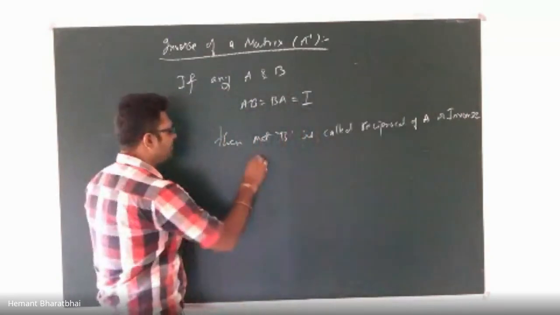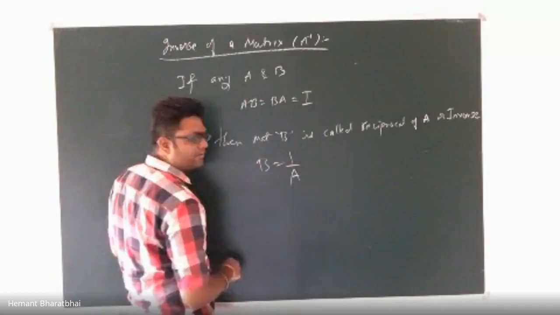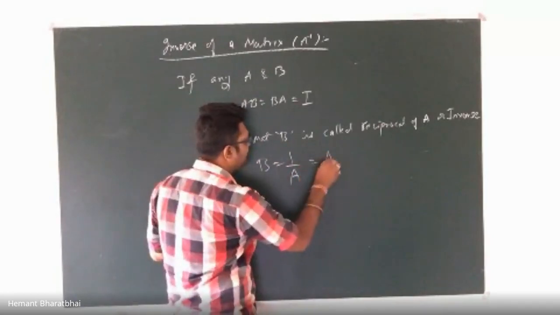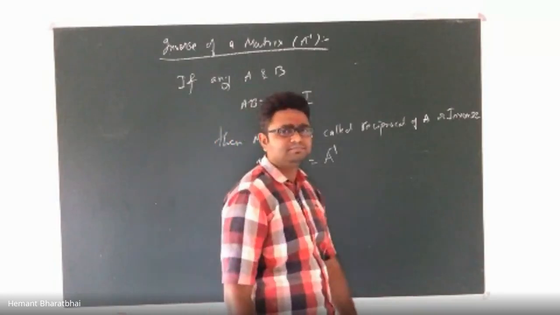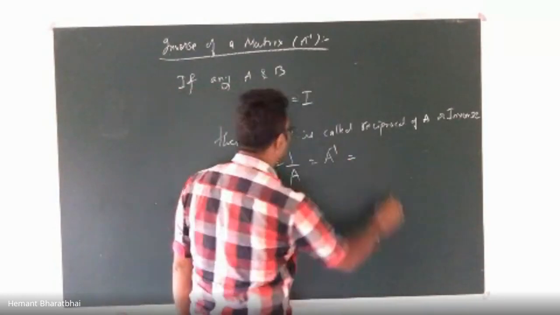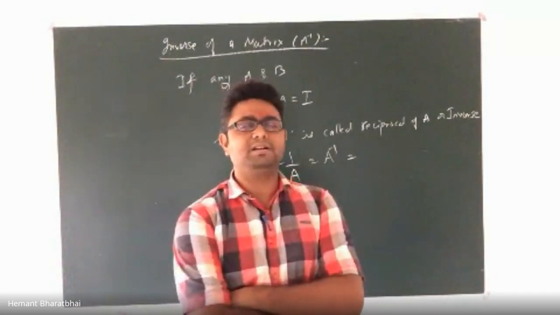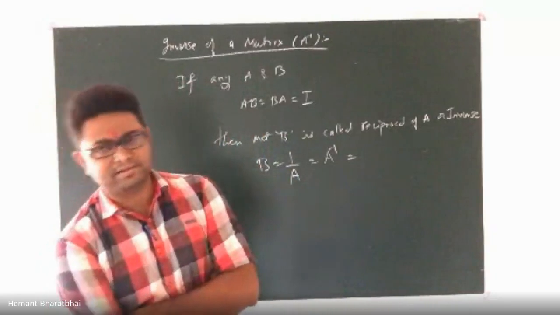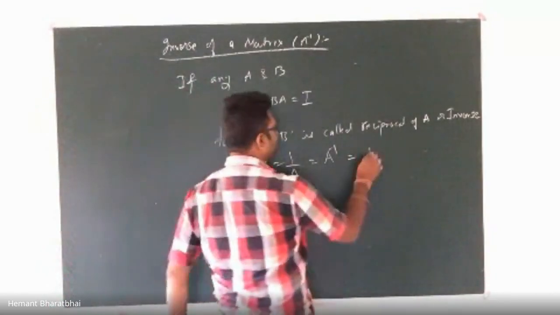If I am saying that matrix B is called the reciprocal of A, obviously 1 upon A is nothing but A inverse, or A raised to minus 1. So matrix B is the reciprocal of A, which can be written as 1 by A, or A raised to minus 1, which we call the inverse of the matrix.